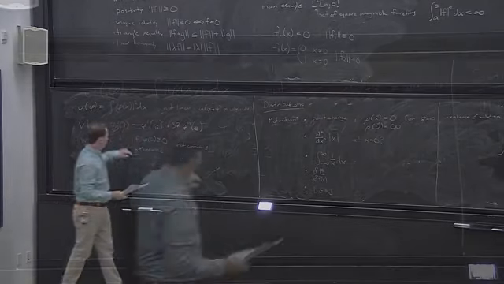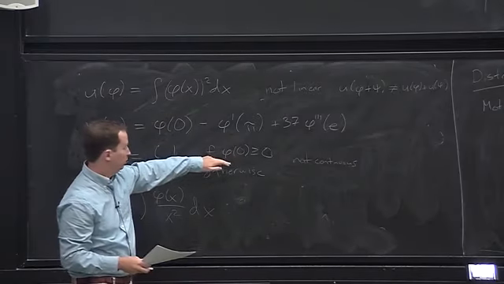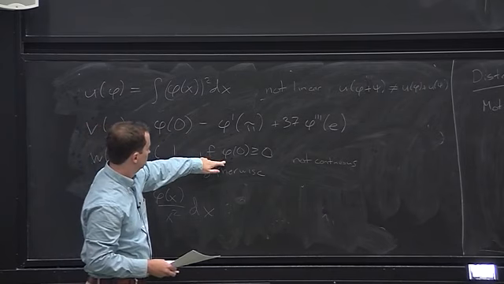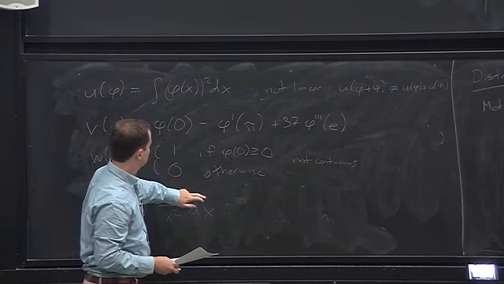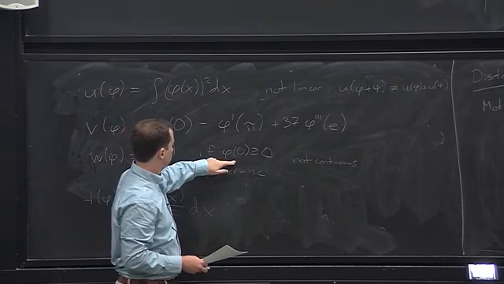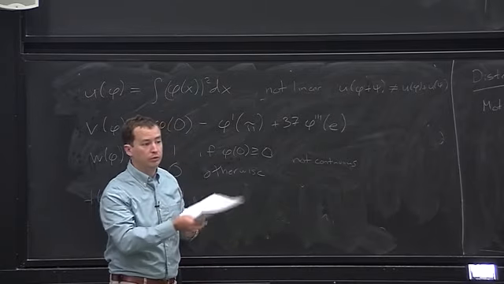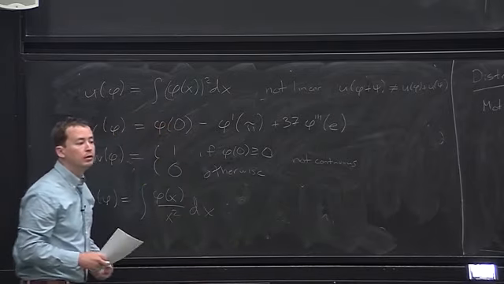We could have a sequence of functions that approached, so the value at 0 approached 0 from below, so it would abruptly change.